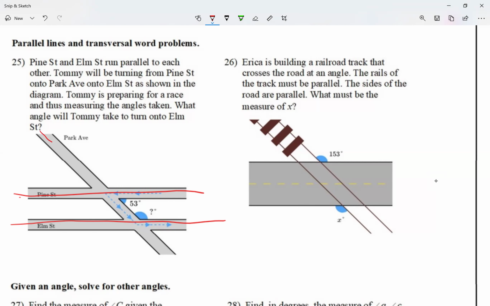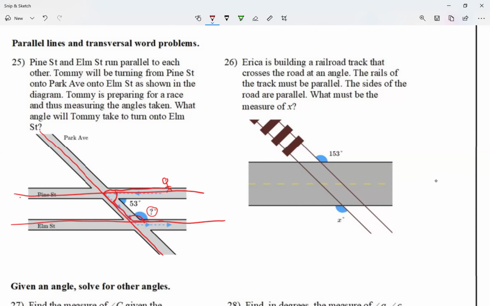So I see there's Park Avenue, which is a transversal here, and I see Tommy, let's just say Tommy's here. He's going to be going here, then he's going to take a turn, and I can see this angle right here is 53 degrees, and then he's going to turn back here, and this other angle here is a question mark, so I don't know what it is.